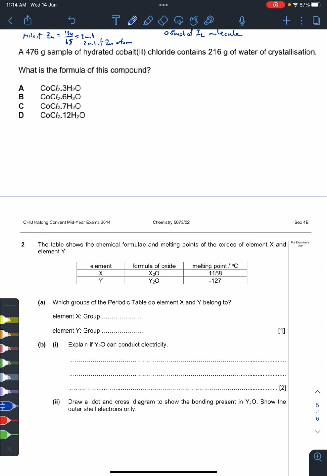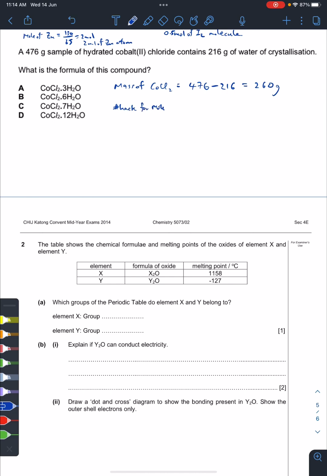You minus off. So mass of CoCl2 is 260 grams.